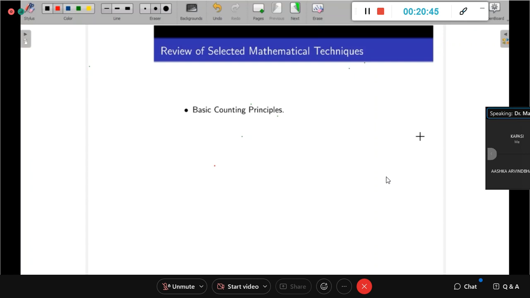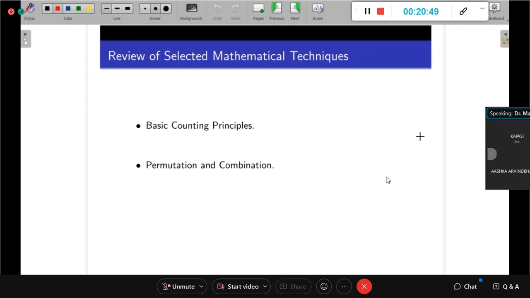As I told, we are going to cover the basic counting principle, permutation and combination, and algebra of sets.